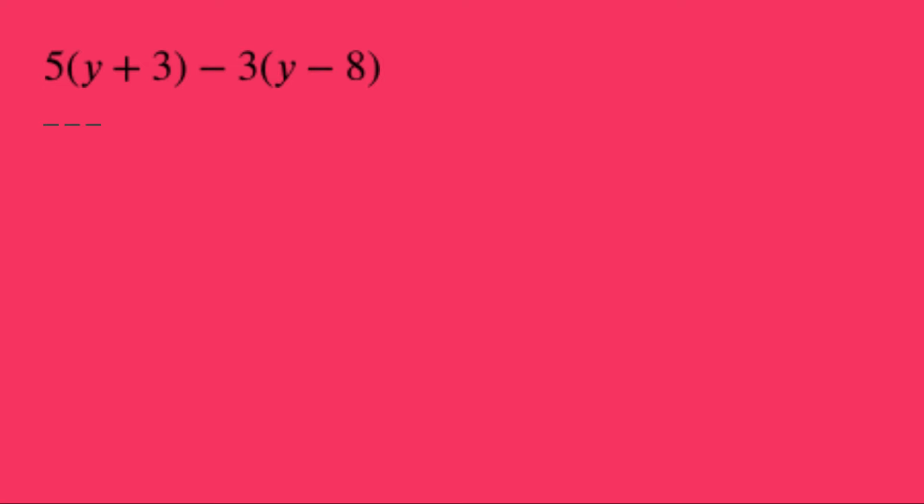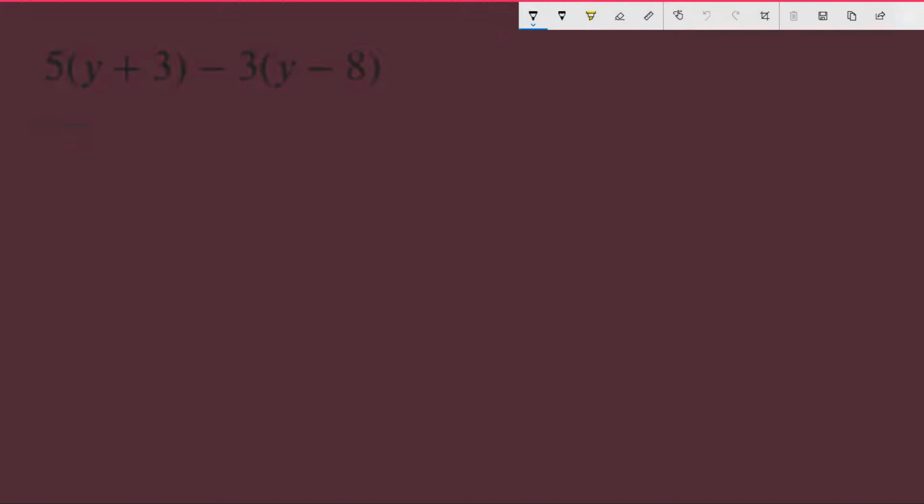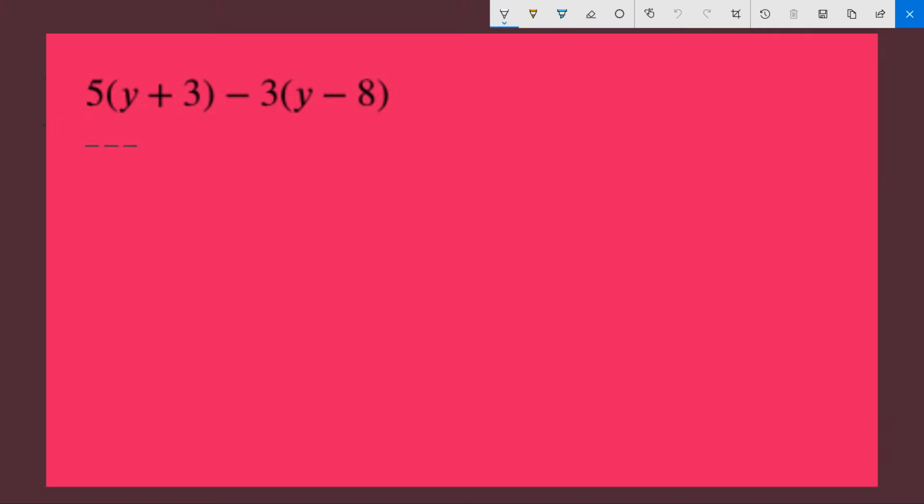Okay, this one. So, if we just jump in, let's multiply 5 to both of these. 5y plus 15. Okay, this one, don't just distribute a 3. This is negative 3.